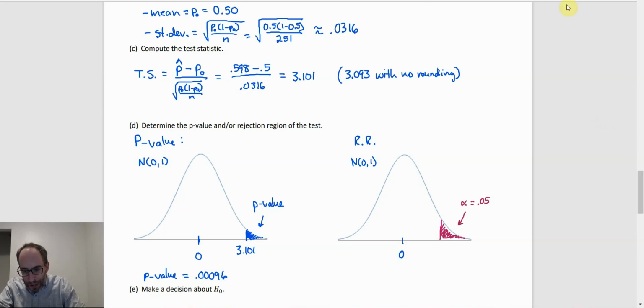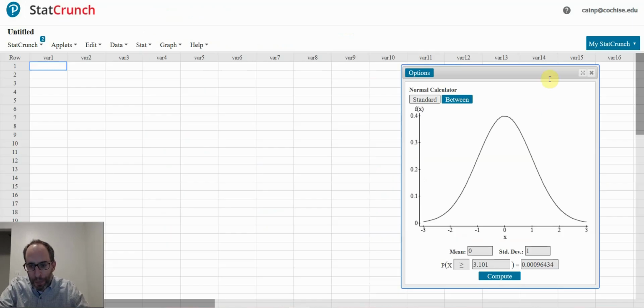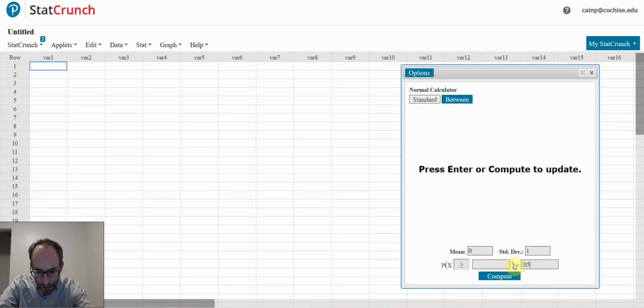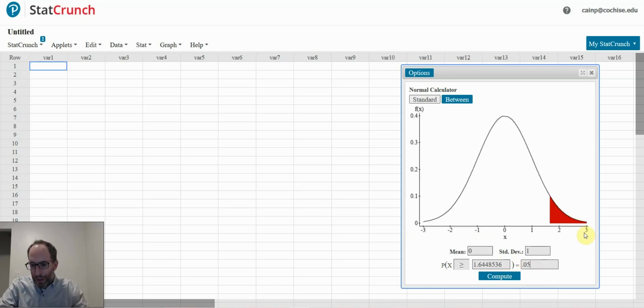And then we just need the cutoff. We can go to StatCrunch to get that part, or if you have a calculator that has preloaded distributions, it'll have the normal and you'll be able to do it that way. I don't want that specified; I just want 0.05 in the tail. And if I have 0.05 in the tail, the cutoff has to be 1.645. So that's what I need.